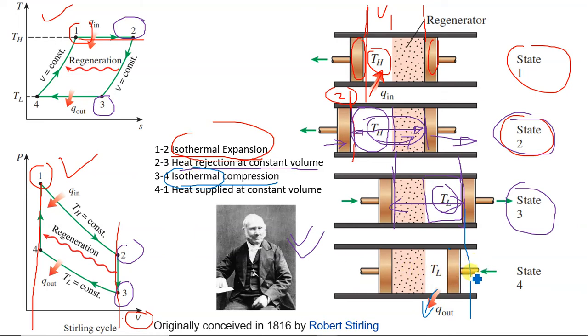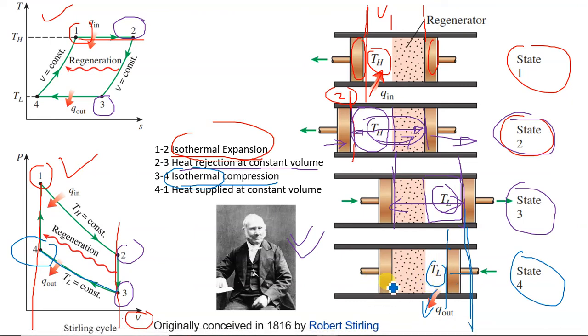The piston moves from this position to this position, so that the volume reduces slightly. 3 to 4 process. Since there is heat rejection, there are chances of temperature reduction, but the process is isothermal, so at the same time we have compression as well to maintain the T-low temperature.